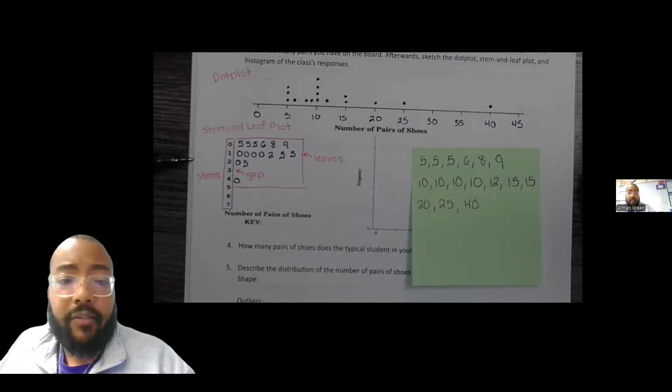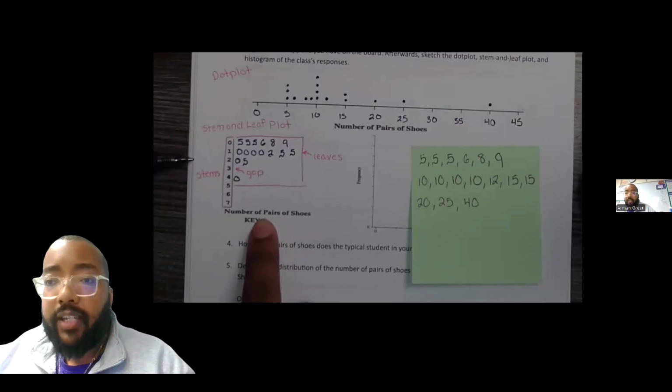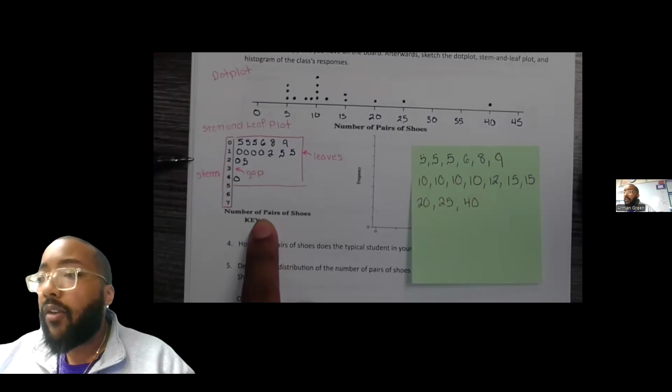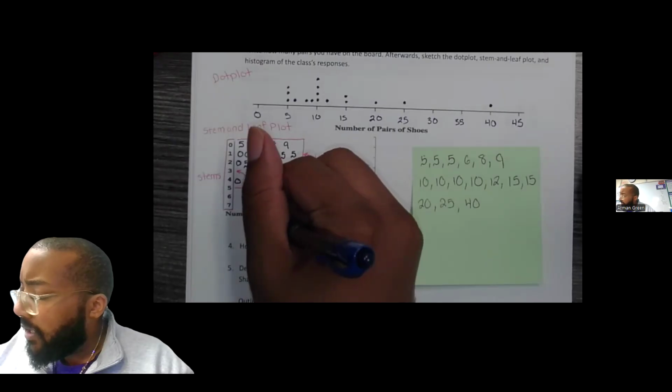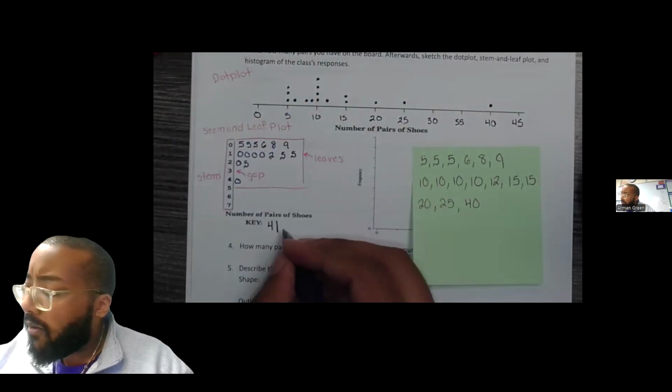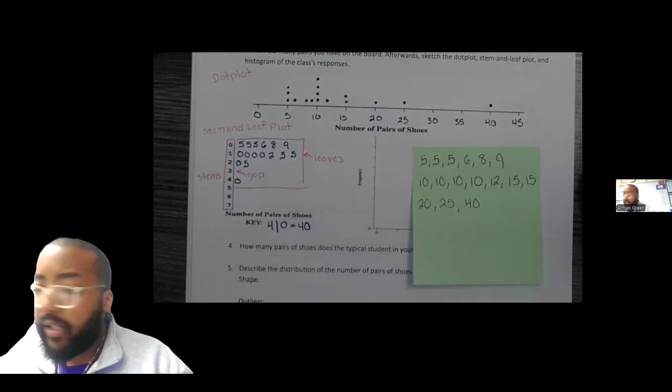Now, the other thing that is important for stem and leaf plots is that you need what is called a key to help anybody who's looking at one kind of visualize what it represents. So in this case here, if I have a stem of 4 and a leaf of 0, that represents the number 40.